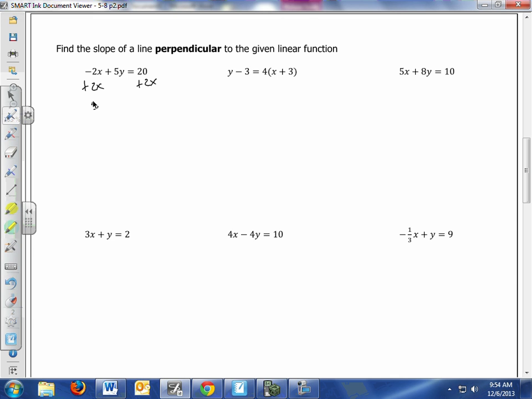Because unless you solve for y, you don't even know the slope of this equation. And we know that perpendicular lines have this special relationship with these slopes. So we need to find the slope of this line. Once I find the slope of this line, I can now figure out the slope of a perpendicular line. What's the slope of the perpendicular line, Mr. Miller? Negative 5/6. Exactly. Change the sign, flip the fraction.